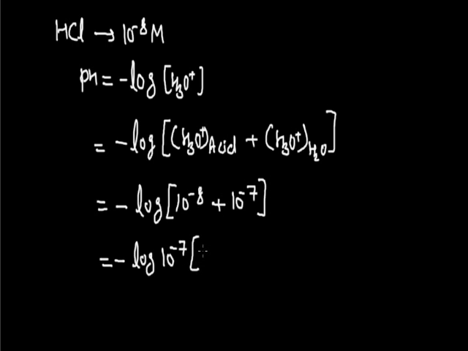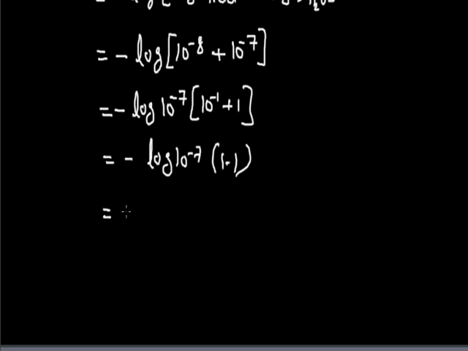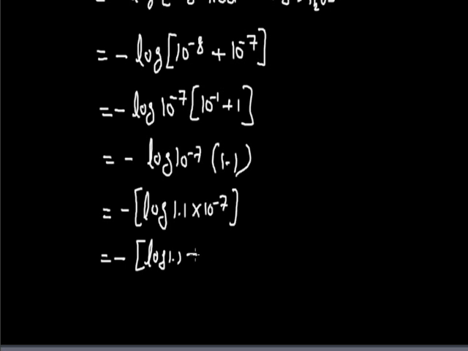The left part in the bracket will be 10 to the power minus 1 plus 1, and the bracket will show the value 1.1. Now to solve this, we may write it as minus log of 1.1 into 10 to the power minus 7, which can be written as minus of log 1.1 plus log 10 to the power minus 7.